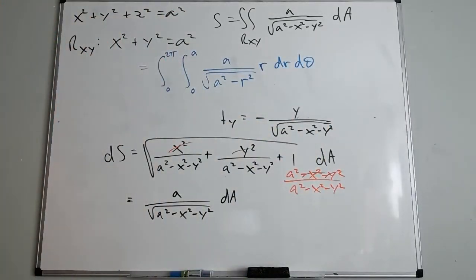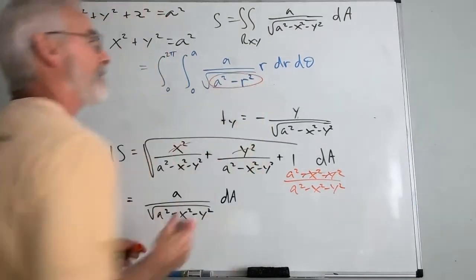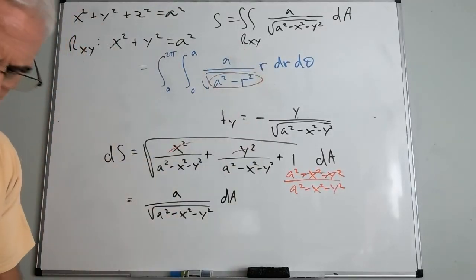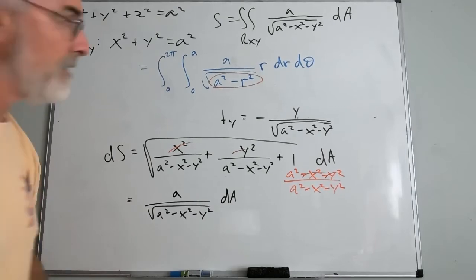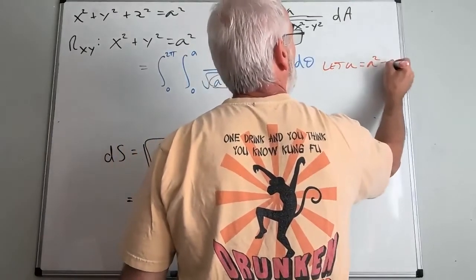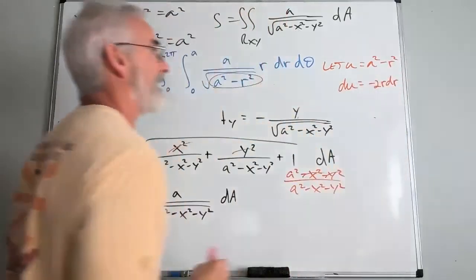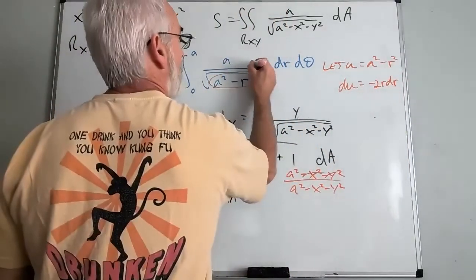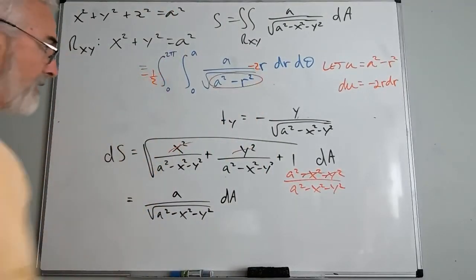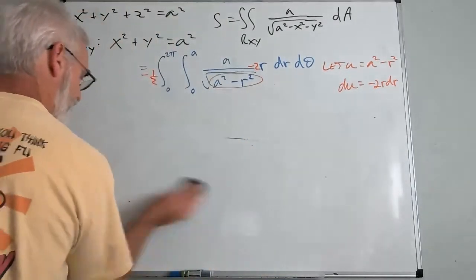Now that looks kind of scary again, but like before, if I choose this to be my u, then I basically have the du sitting right there. So off to the side, we say let u equal a squared minus r squared, then the du is negative 2r dr. And again, we see this common theme. So if I put a negative 2 there and a negative 1/2 here, then I'm going to rewrite this quantity in a more user-friendly format.